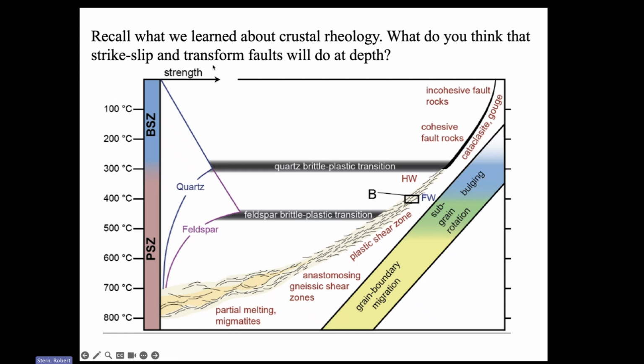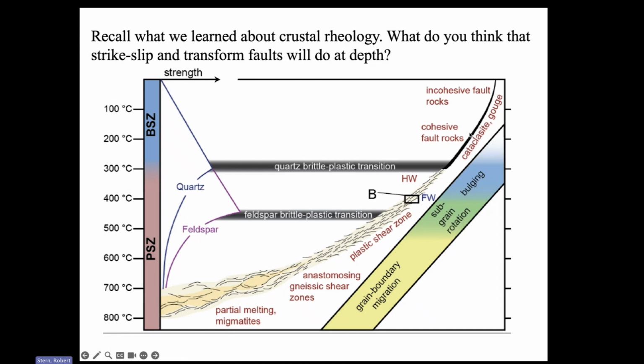So here we've got the brittle strength zone. Here's the plastic strength. Here's a yield strength envelope for quartz and feldspar. And here's temperatures.